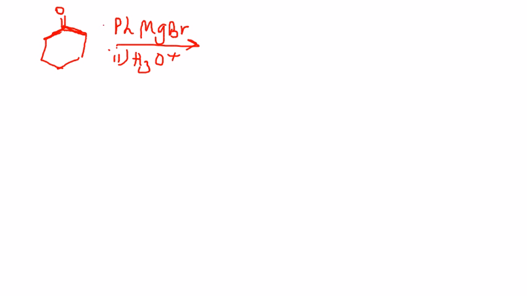So that's simply the addition of the Ph across the C double bond O. It's a 1,2 type of addition, and since it's a ketone, it's going to give you a tertiary alcohol. So after hydrolysis, you will end up with OH, and the new Ph, the carbanion from here, is going to get added across the C double bond O at the electrophilic center.